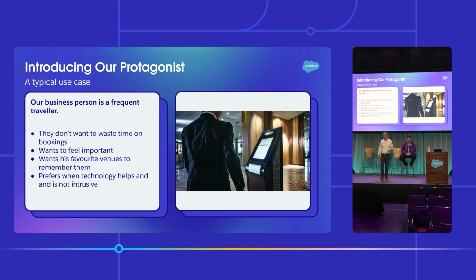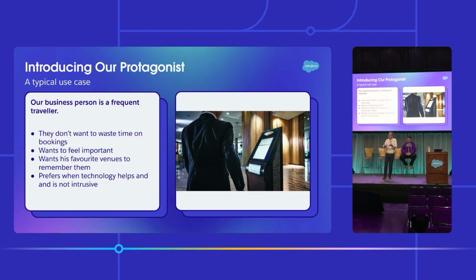And if they're booking a hotel using their app, there are a few things that are going to be important to them. And if anybody in this room right now is a traveler, these are things that you will respect if you're a frequent traveler. First of all, you don't want to waste time on your bookings. You want the UX of that app to be A to B, no fluff, no noise. It's got to be exact. You want to feel important, because when you go to a hotel, there might be hundreds of rooms in that hotel, people everywhere, but you've got to feel important.